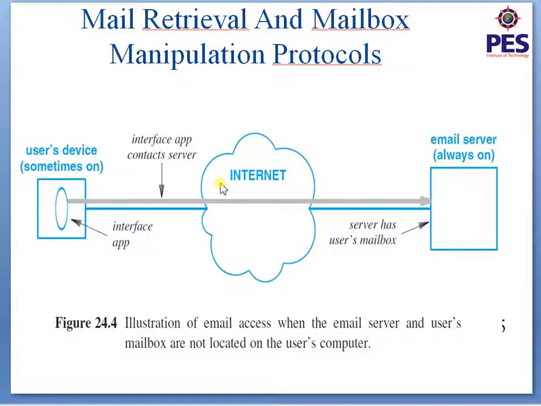Here, the email server is connected to the internet 24/7, so it receives the emails sent to our mailbox. The user can log into the email server via any interface, it may be a client or a web interface, fetch the emails from the email server and read them.